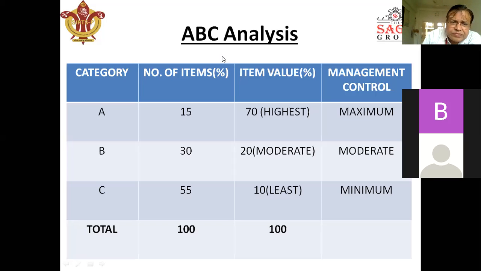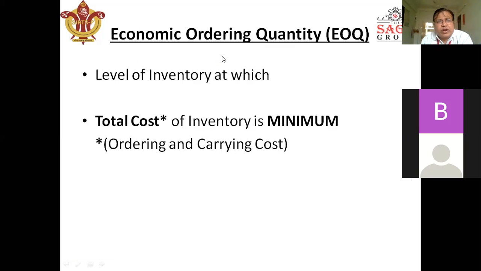list of a student. Now next is economic order quantity. It is the level of inventory at which the total cost of inventory is minimum, considering ordering cost and carrying cost.